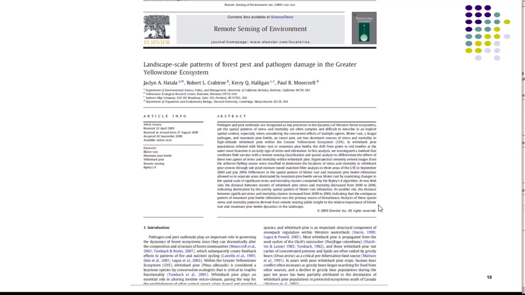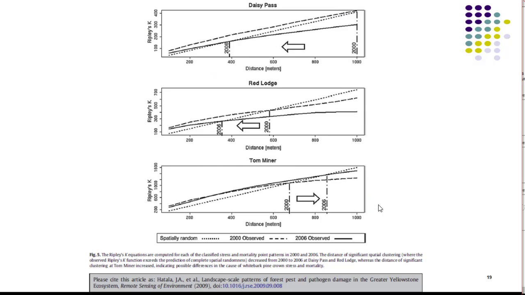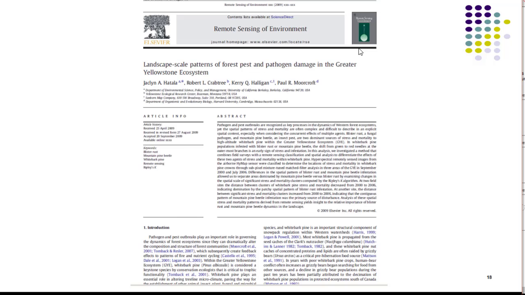This is an example of a paper that uses the K function. A lot of forestry related papers for tree species, wildlife studies use K function. And so this is what those K functions look like that were calculated in this particular application. And so you can see these distances specifically, just like I was pointing out here.